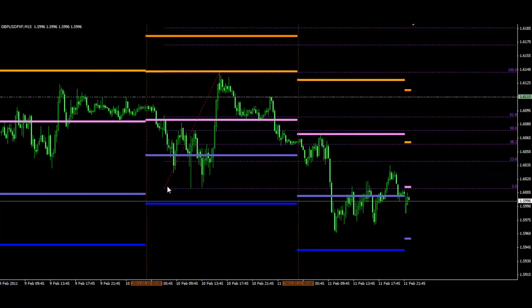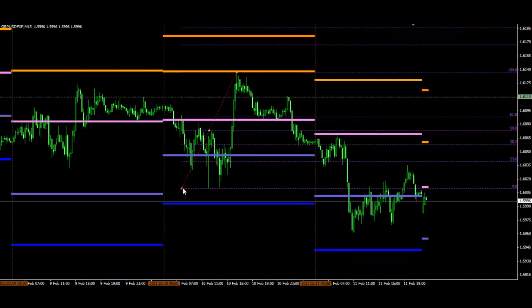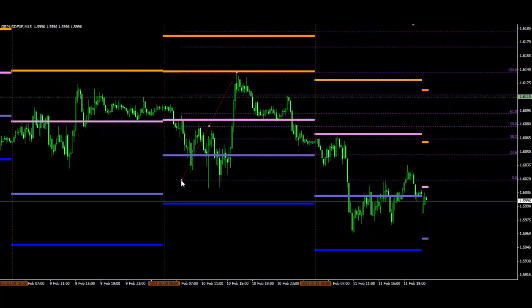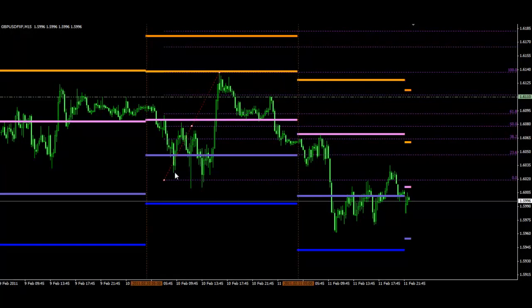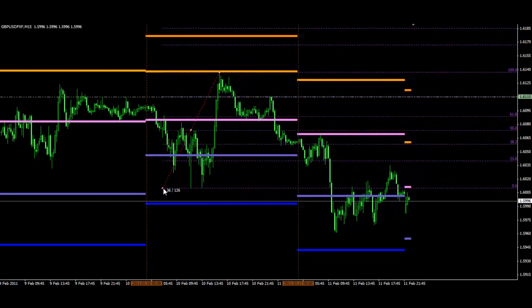Okay, you can't really see it unless I move. Okay, you see, keep your eye on this fib level right here, this purple one. It's going to line right up on that 161.10 when I drag it to the low. Okay, see how it blends and converges handsomely with that.